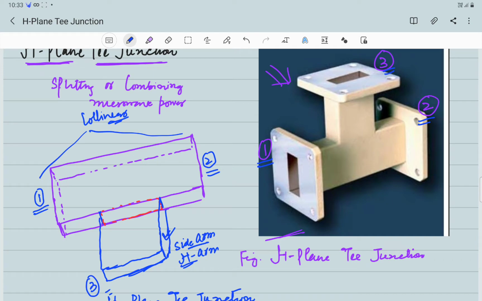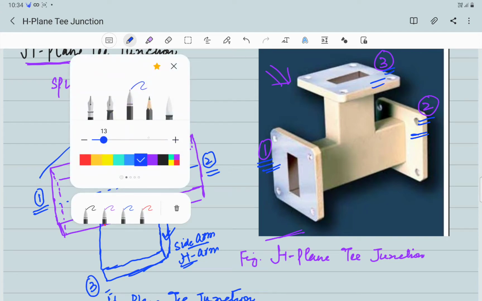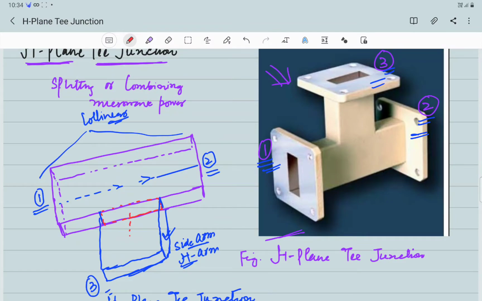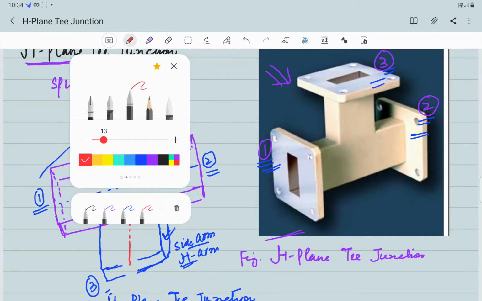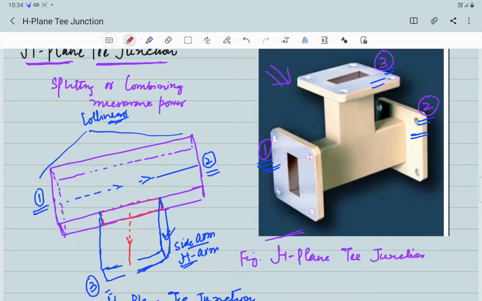Now if I can draw, this is the axis of the main waveguide section, and this is the axis of the side arm.